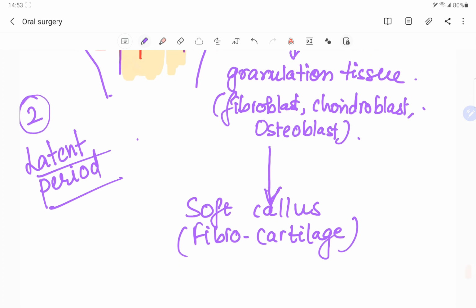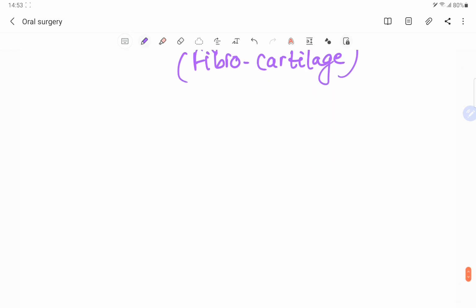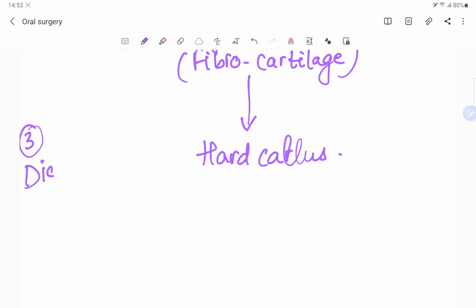Then the soft callus gets thickened, all the cellular mass gets thickened, and then the ends become sticky. Then they form the hard callus, bony hard callus. And this is the time that we start distracting the bone using the distraction devices, right?